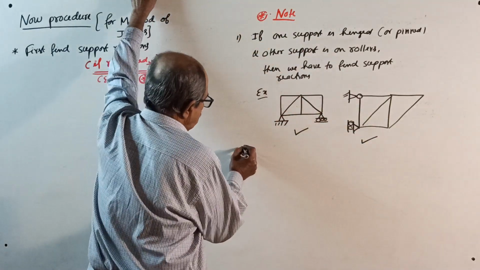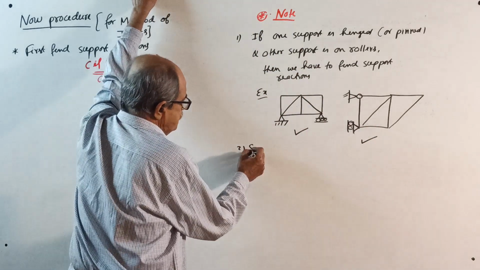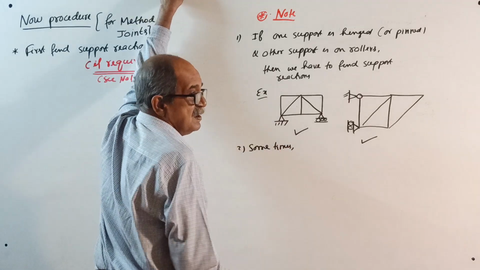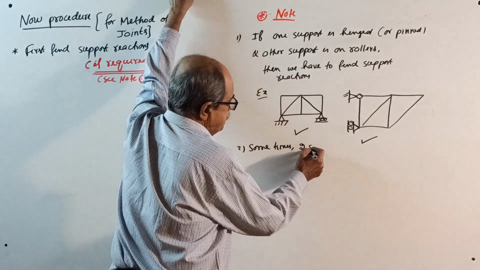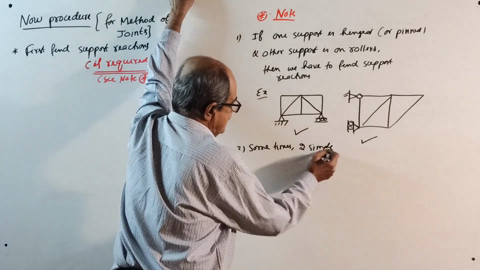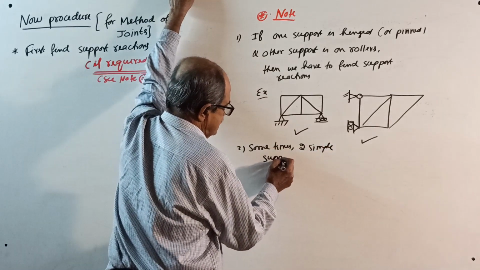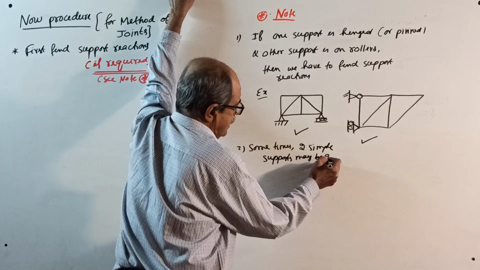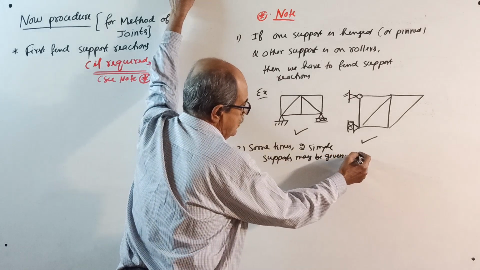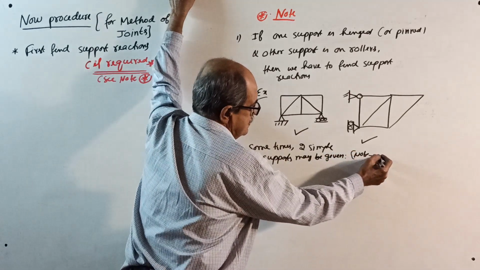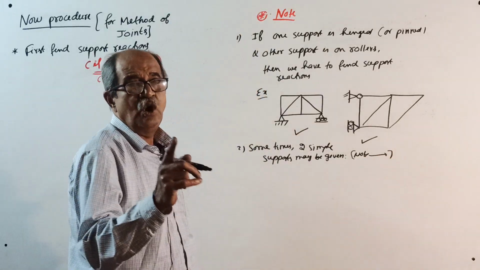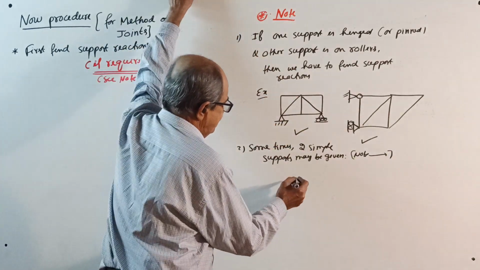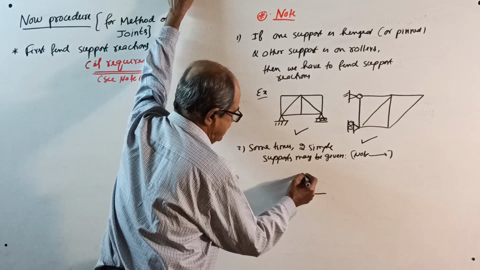Then 2. Sometimes two simple supports may be given. Remember, make a note here. Then they should not apply any horizontal load, like a simply supported beam.